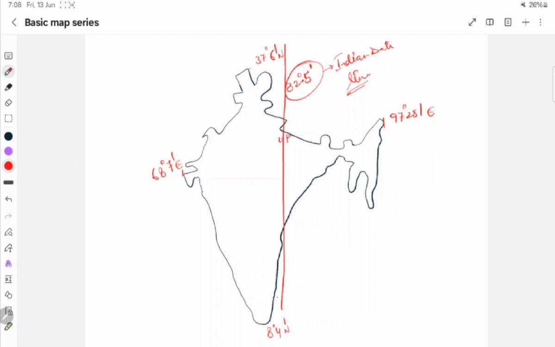This is UP, of course. This is Bihar, Jharkhand. Here we have Odisha, and this is Andhra Pradesh.